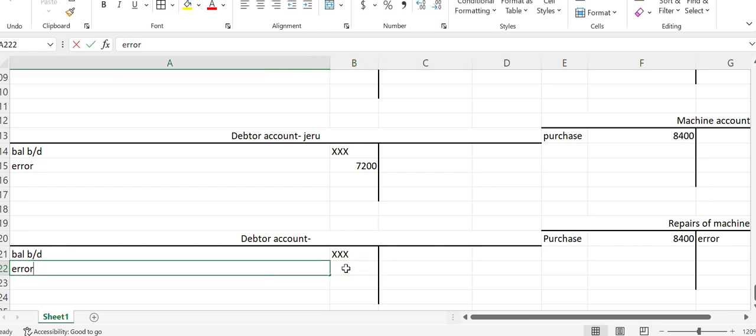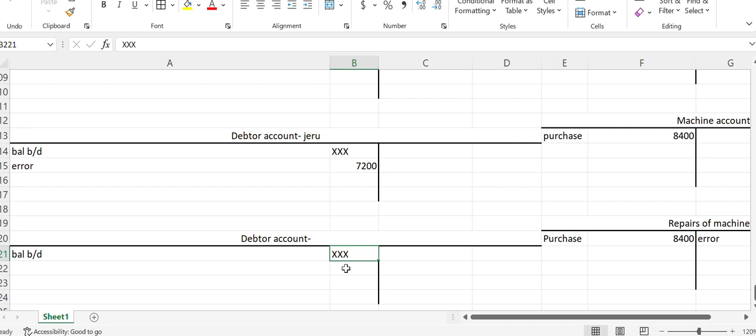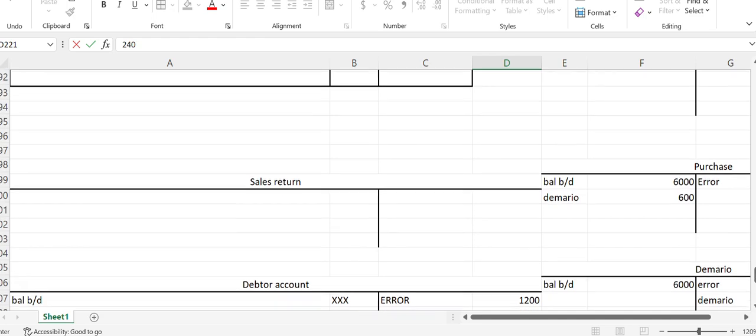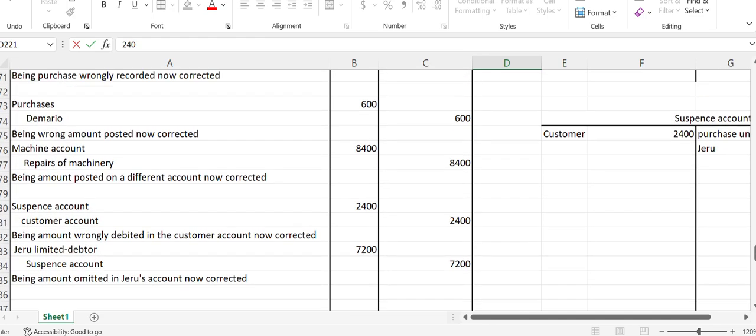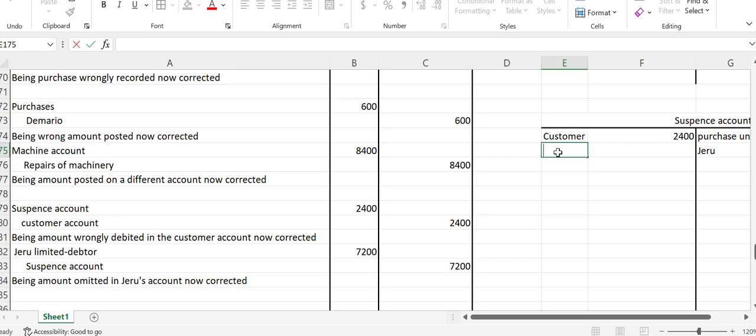He has been given a discount in the form of cash, but it has not been recorded. So we are going to record it, 240. But because it was not recorded in the other account, it's going to affect the suspense account, because anything that affects one account should appear in the suspense account.